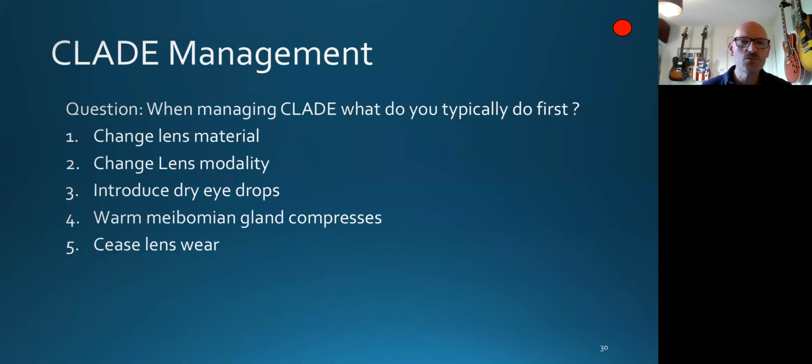Do you introduce warm meibomian gland compresses, so you take a therapeutic approach, or do you cease lens wear? Again, it might be a challenge to pull out just one of these. I'm sure most of you out there, because we had a lot of high scorers in the confidence ranking, are probably using a multifactorial approach to managing this, but which one would you call out first?